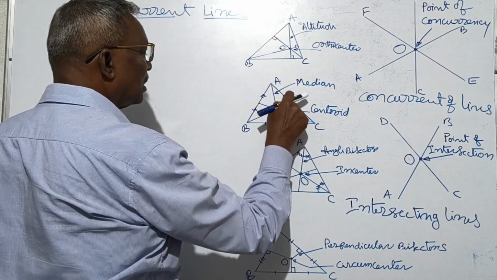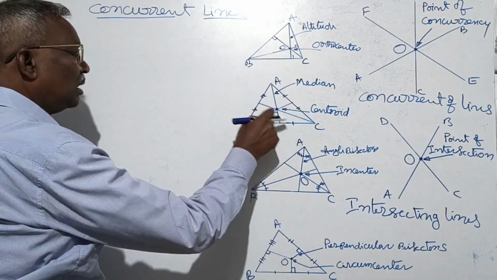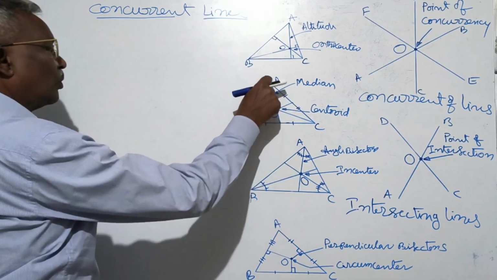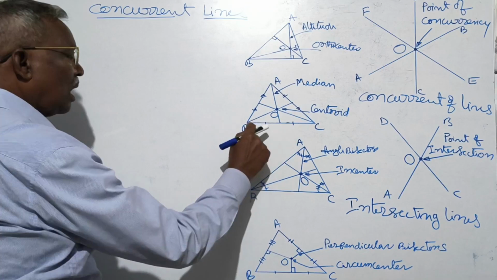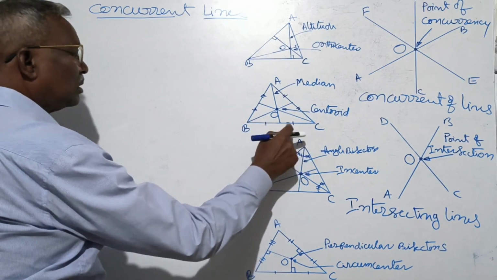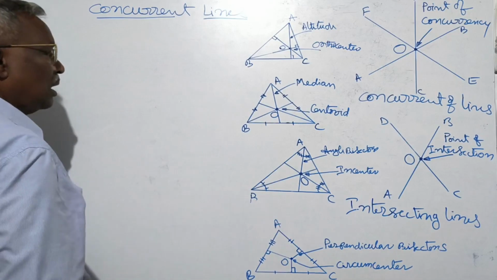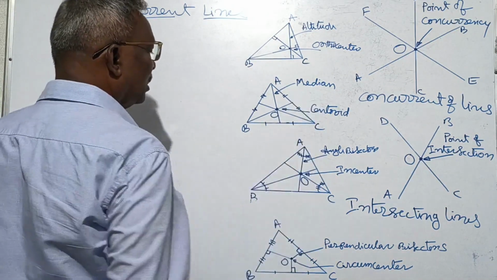These lines are bisecting, so these lines are called medians. A median goes from a vertex to the midpoint of the opposite side.